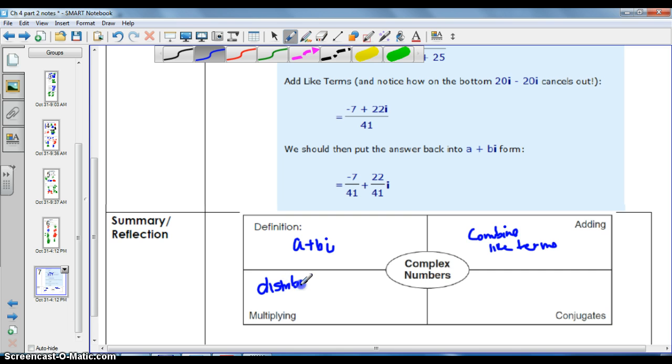And remember that i squared equals negative 1. And then the conjugate, which we talked about and only really need for that division piece, is just changing the imaginary number's sign. Right, and that's the end of this lesson.